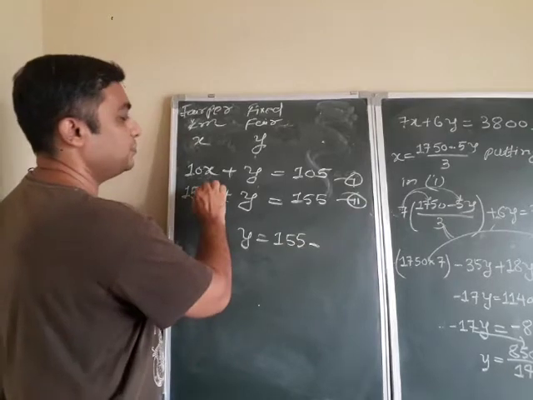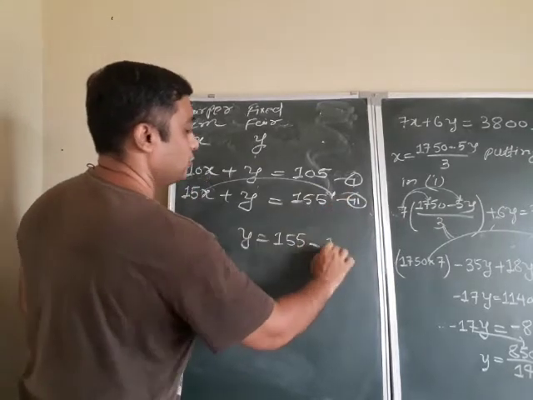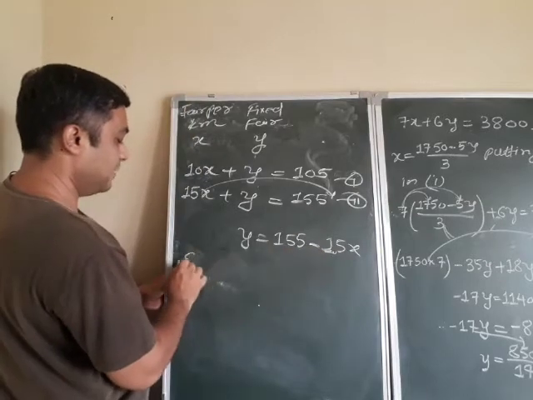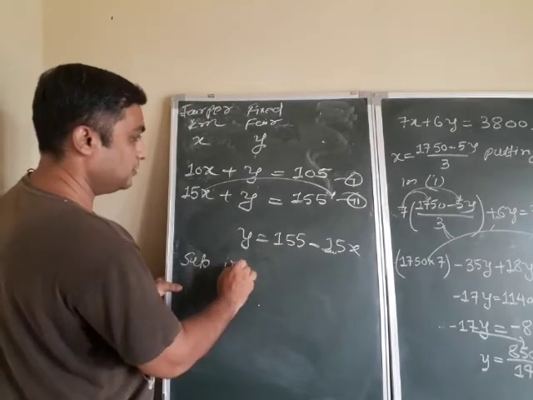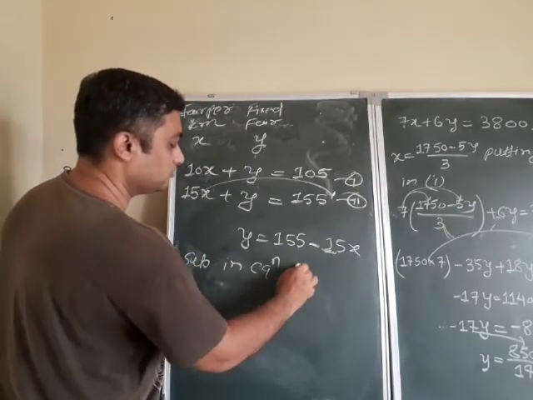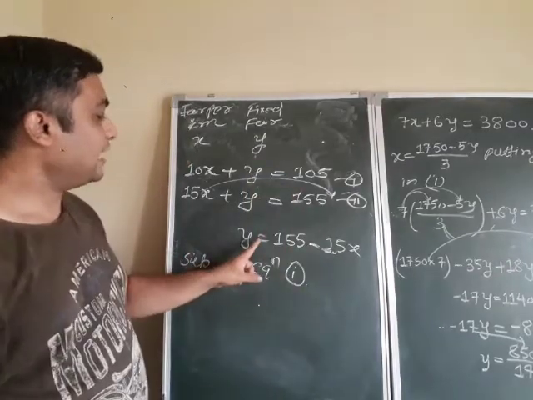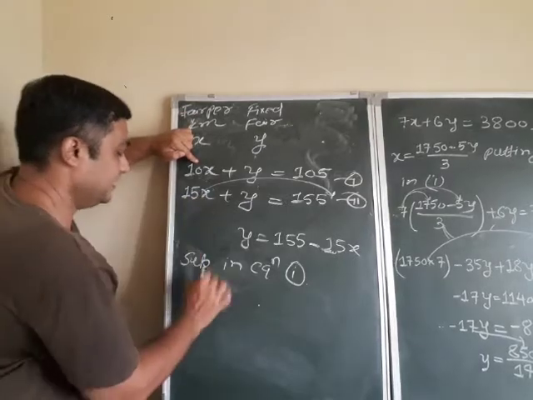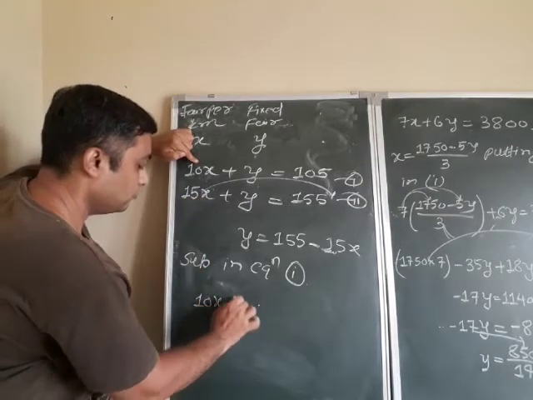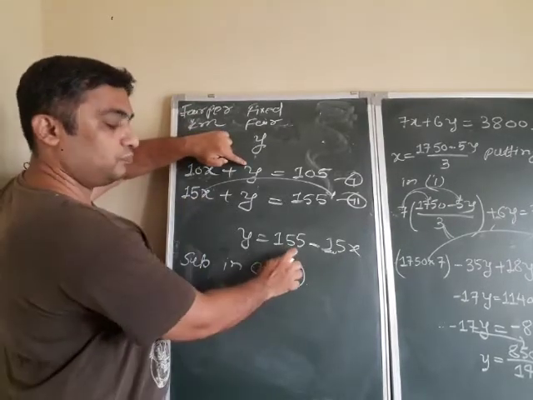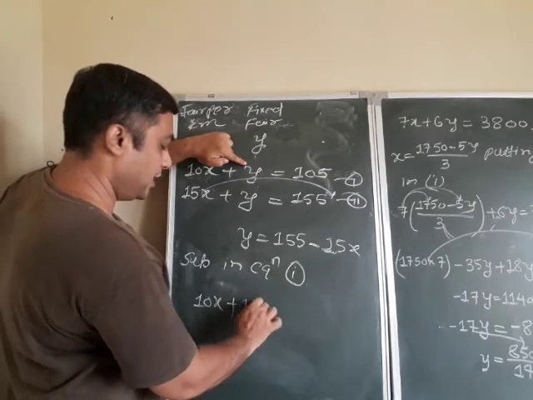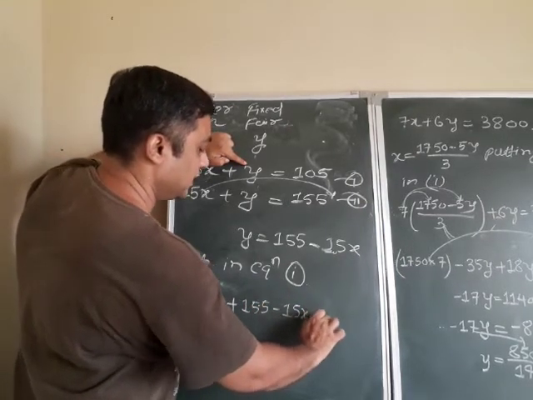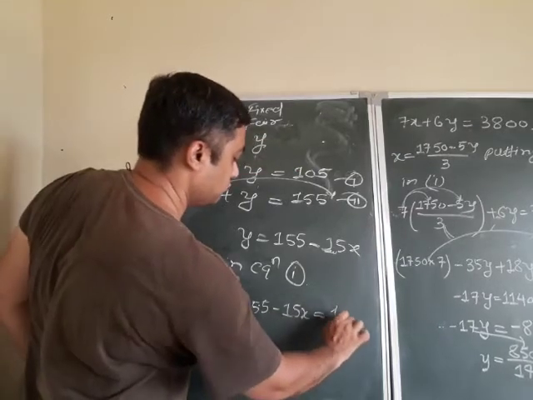So y is equal to 155 minus 15x, taking 15x to this side. And this value I am substituting in equation 1. So equation 1 is 10x plus y, where y is 155 minus 15x, and that is equal to 105.